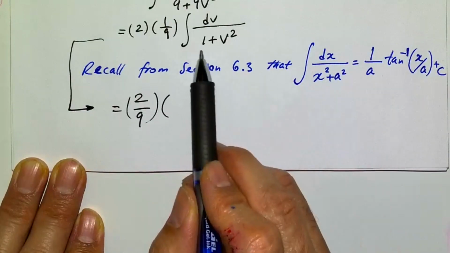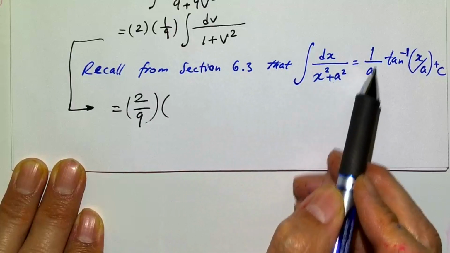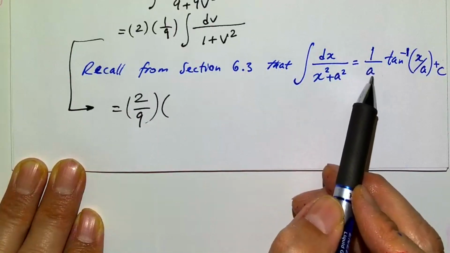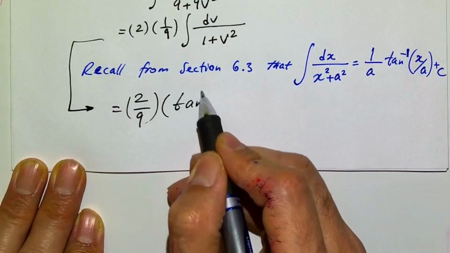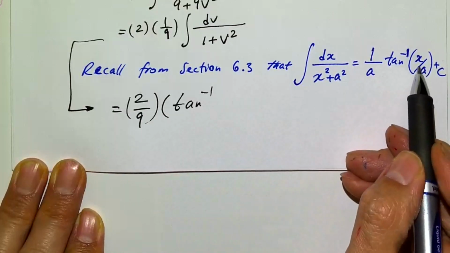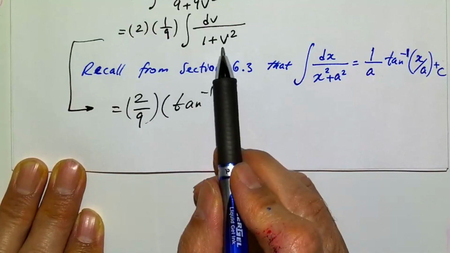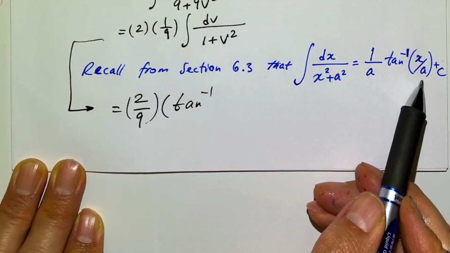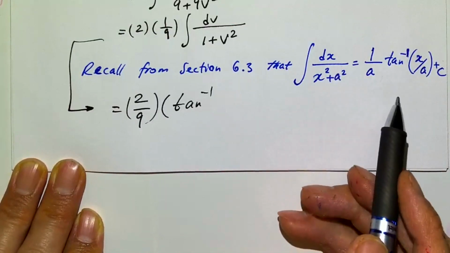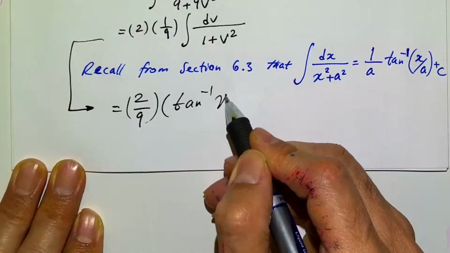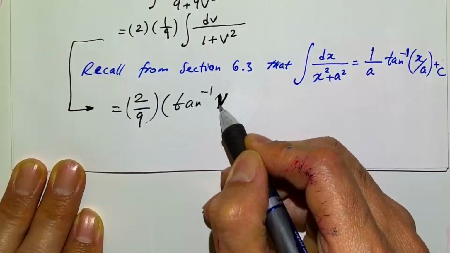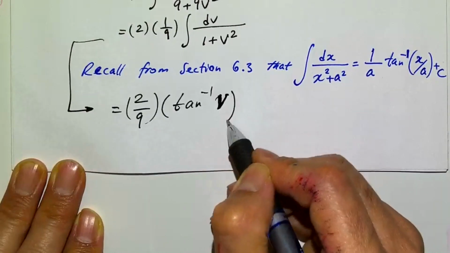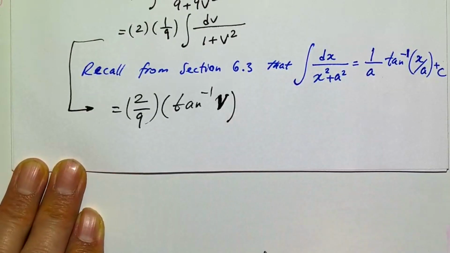So 1 over 1 is 1, so we don't need that piece because it's just 1. And then inverse tangent of x, which is v, over a, which is 1. So v over 1 is just v. Let me write it like that. Inverse tangent of v.